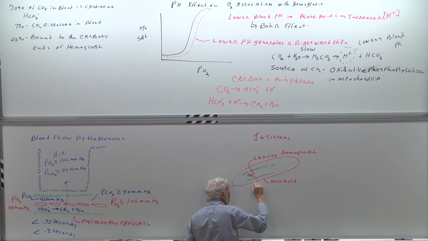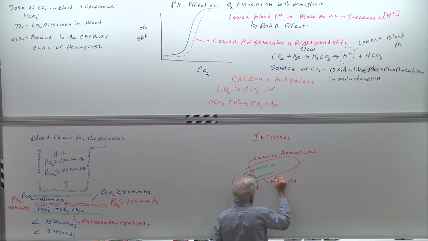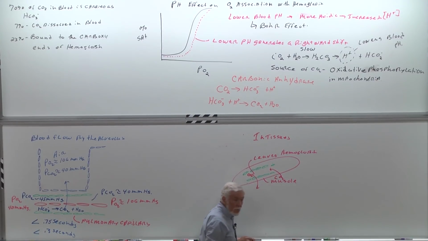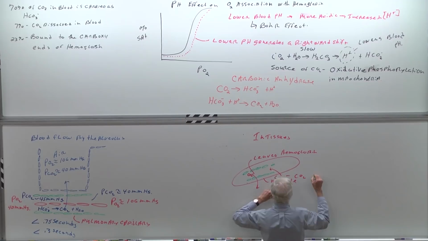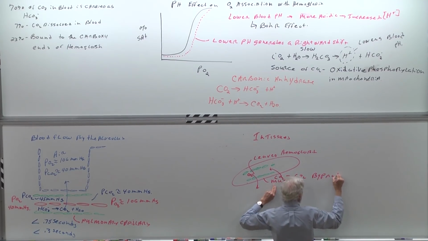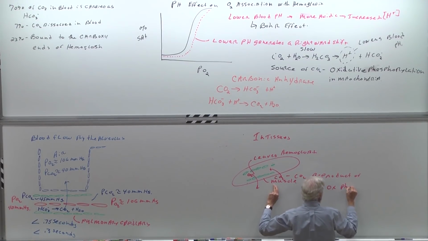Oxygen leaves the hemoglobin and goes out into the muscle. Meanwhile, carbon dioxide is coming back into the capillary because carbon dioxide is the byproduct of oxidative phosphorylation.